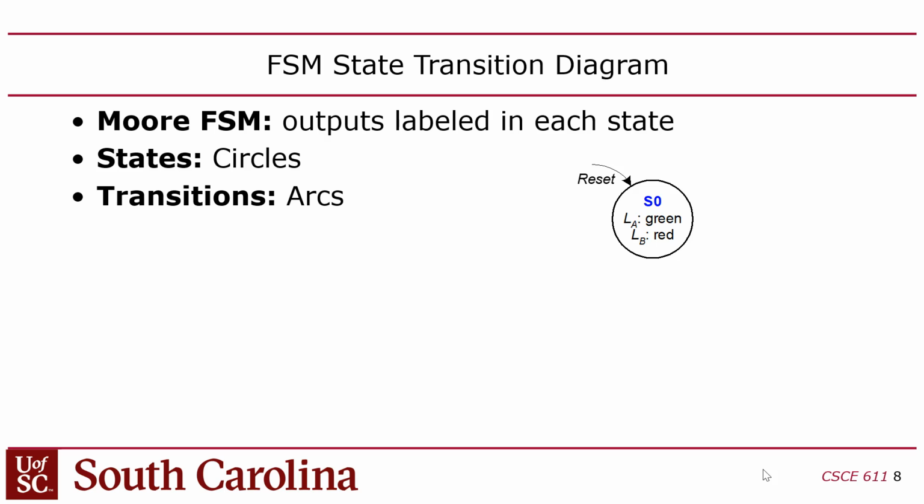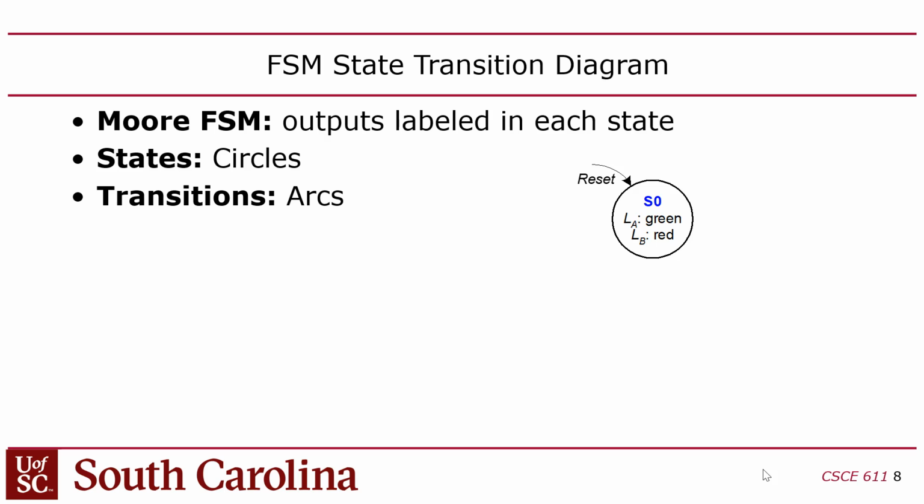There's no standard way to do this, but typically the reset state is going to have a little arrow that points to it labeled reset, or sometimes there'll be a double circle for the reset state. And so we're going to give the state a name, S0, which is just arbitrary. We could have called it Academic Green. We could give it any name we want, but S0 is just a symbolic name.